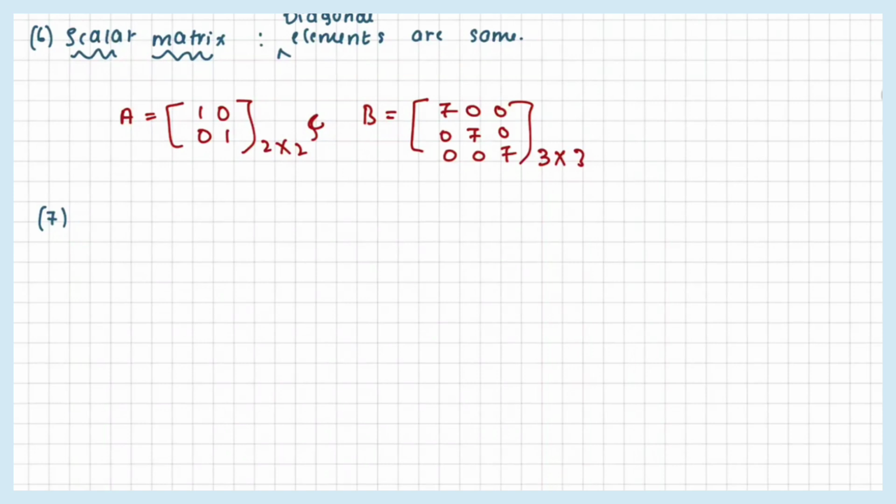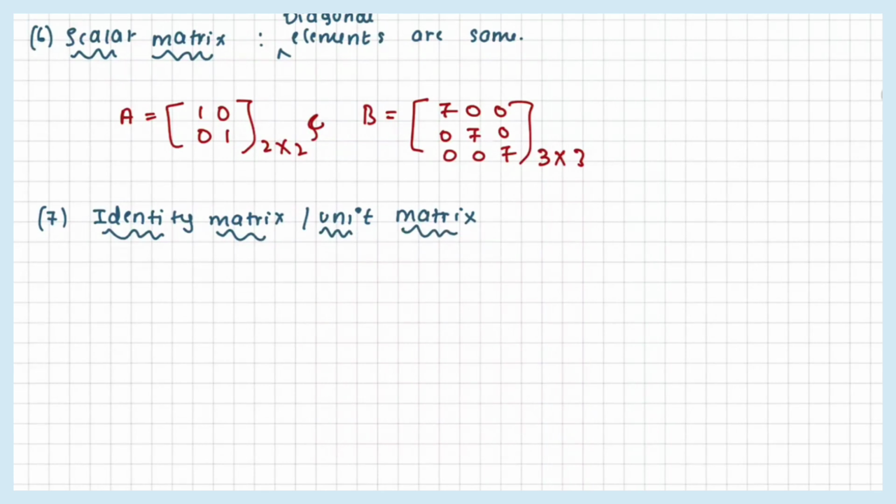So let's move on to the seventh matrix. The name of this matrix is the identity matrix. This matrix is very important, or it can be called the unit matrix. Unit means one, unity means one.